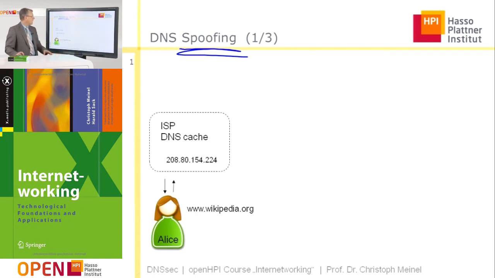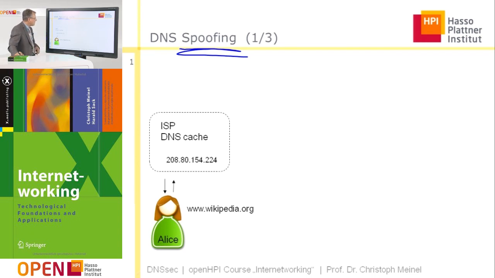requests it from the ISP, and typically the Wikipedia IP address is in the cache of the internet service provider, because Wikipedia is famous and many people consult it. So in the DNS cache, there is the IP address corresponding to this domain name.